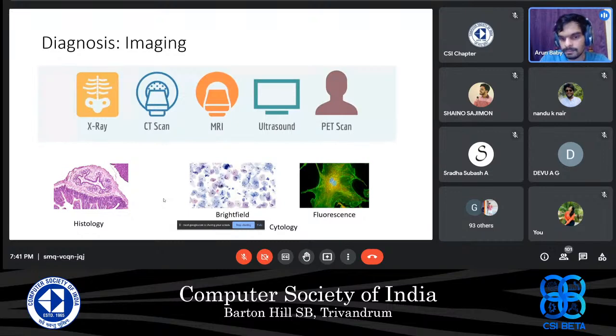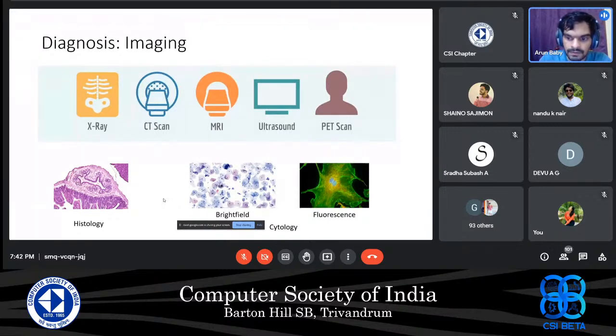The other is fluorescence microscopy, where a compound is mixed with the cell, and the cell is energized by giving a light, and then the light is removed.